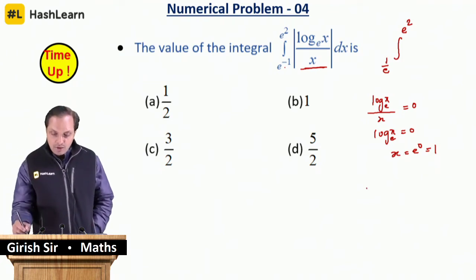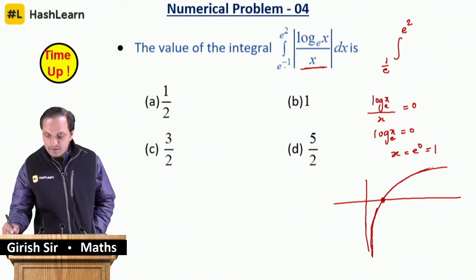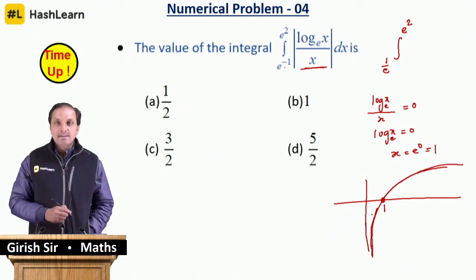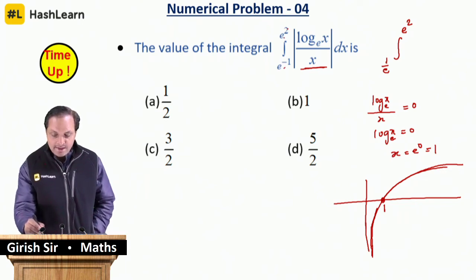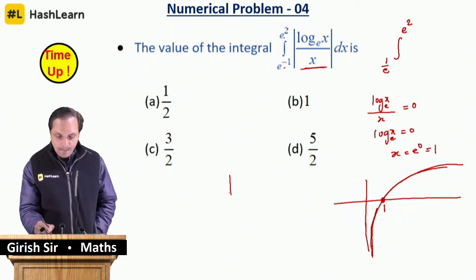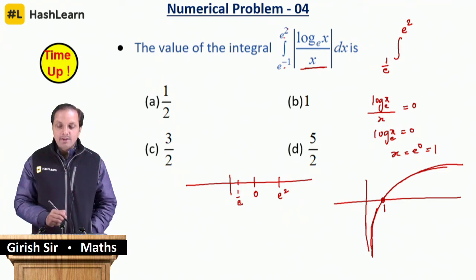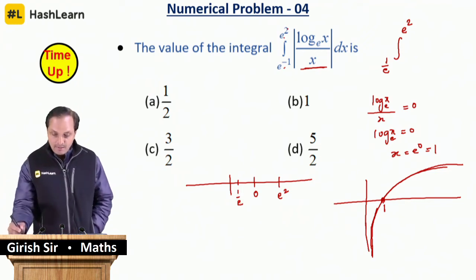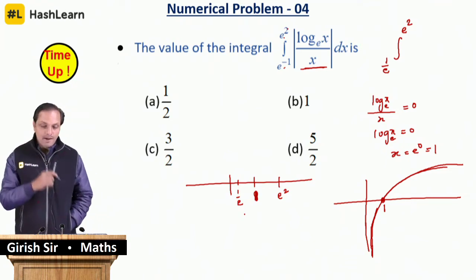You know the log x graph will be like this. It will have a negative part and also a positive curve, and this is nothing but 1. So for 1 by e to e square, there will be one point called 0 in the middle, which is at x equal to 1, where the curve becomes 0.